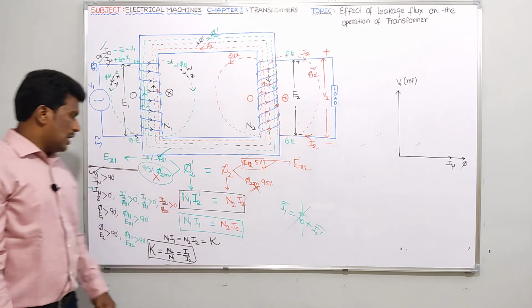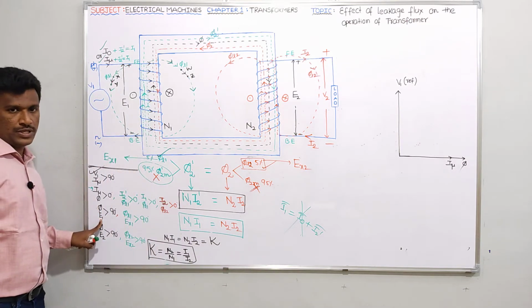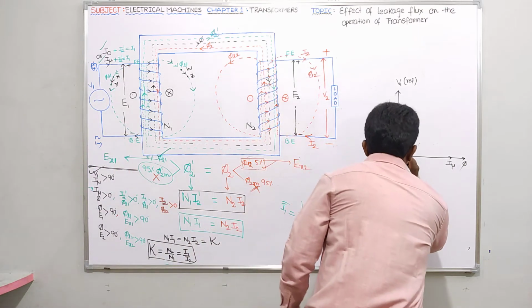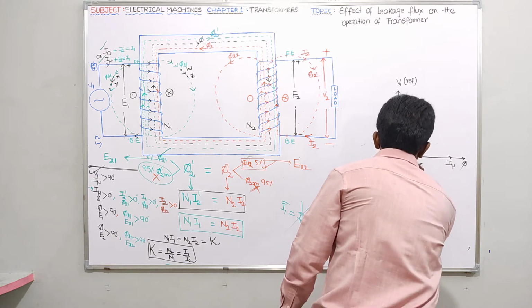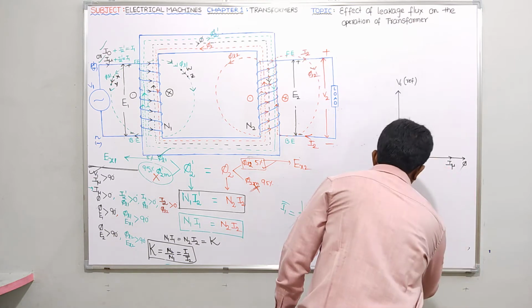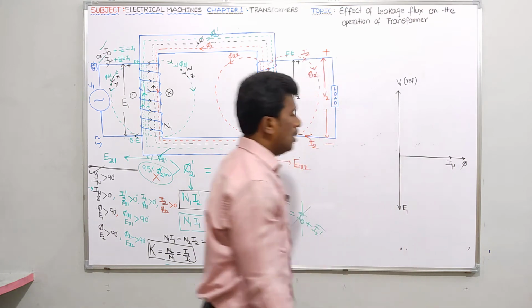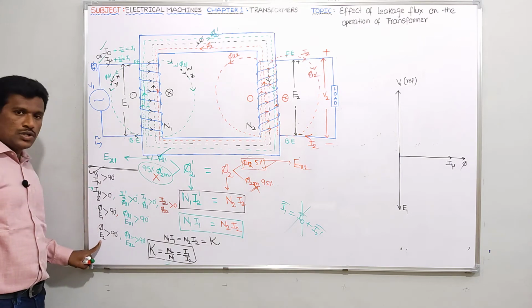Now according to Lenz's law, after how many degrees compared with your pi will E1 come into picture? E1 lags flux by 90 degrees, no? So let me draw here E1, lagging flux by 90 degrees. Next, because of the same flux we are getting EMF E2 also.